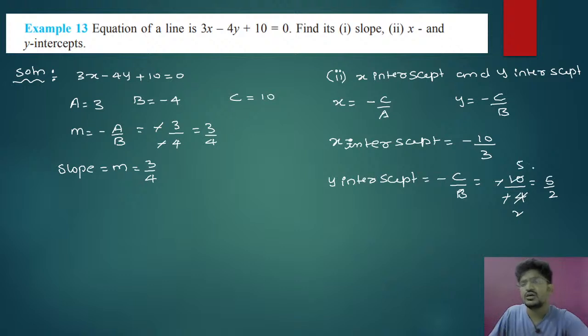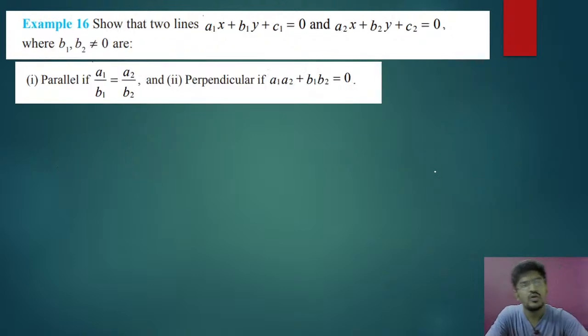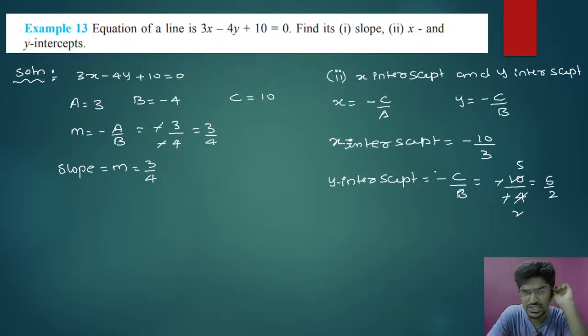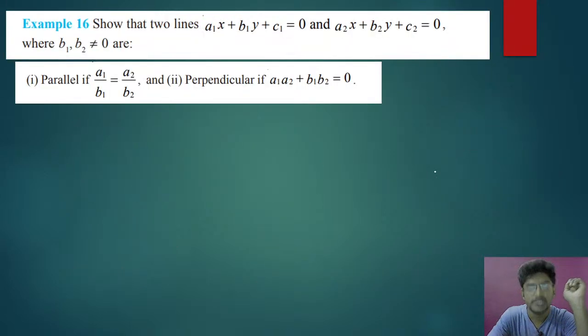So 5 by 2 will be your y-intercept and minus 10 by 3 will be your x-intercept. So from all this you can go for solving your slope as well as x-intercept and y-intercept. I think all of you have understood this. No problem. Now we can see the next concept.